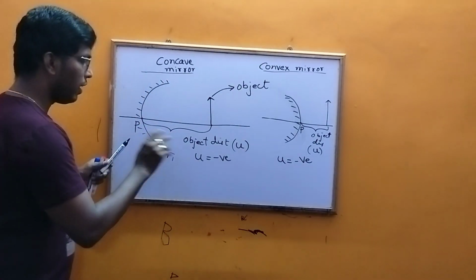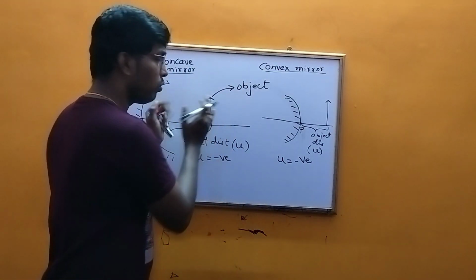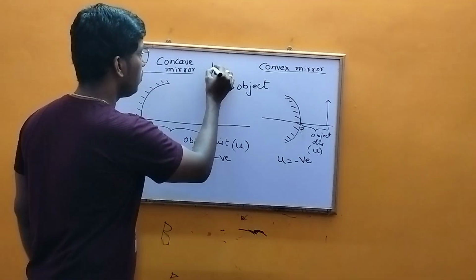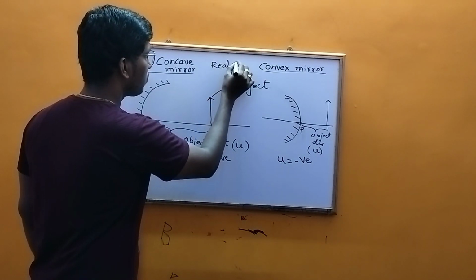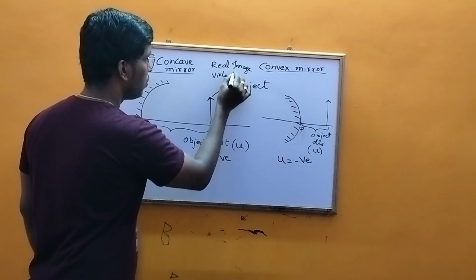Now, as we all know from the ray diagrams, for the concave mirror we get two types of images. One is a real image, and the other one is virtual image.